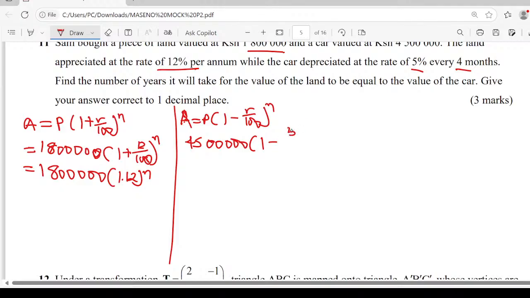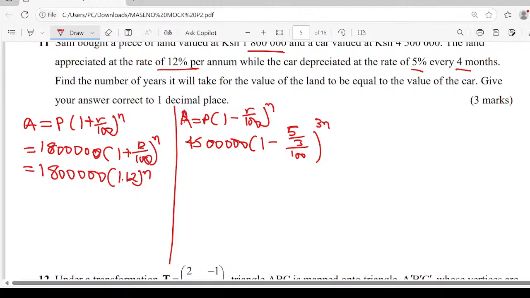The rate we normally divide by 4 for every 4 months, meaning in a year it will be paid 3 times. So you divide this by 3 over 100, power, then n you multiply by the number of periods, that will be now 3n. Hope you know that logic.